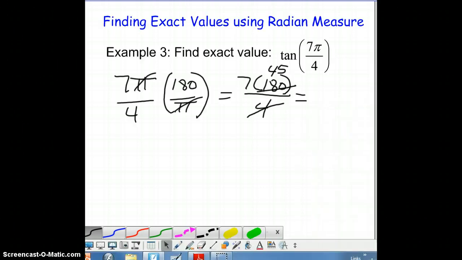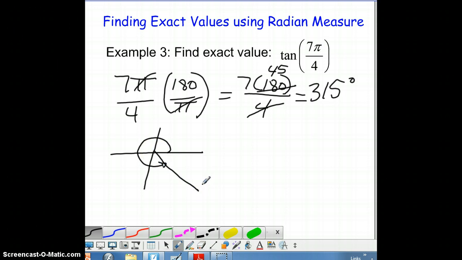So let's go ahead and note that. It's just 315 degrees. So if we go ahead and graph 315 degrees, we end up right here.